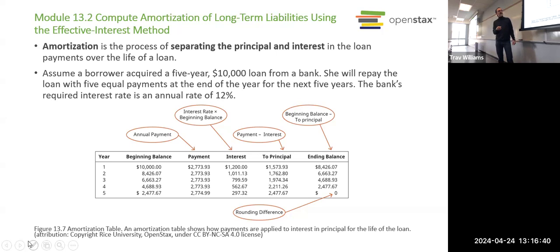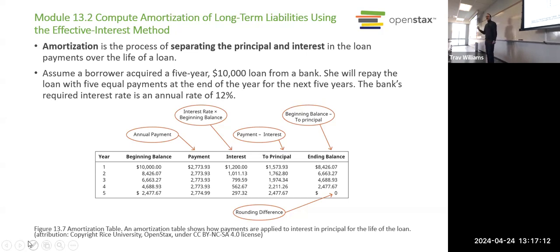That tells you how much of that payment is going towards interest. You subtract the interest from the payment to see how much of the payment is going to principal. And that amount that you're paying towards the principal, that reduces the balance of your loan. So then you can take the beginning balance minus the amount that's going to principal to get your new balance. And the ending balance for year one becomes the beginning balance for year two, and you just repeat that process.